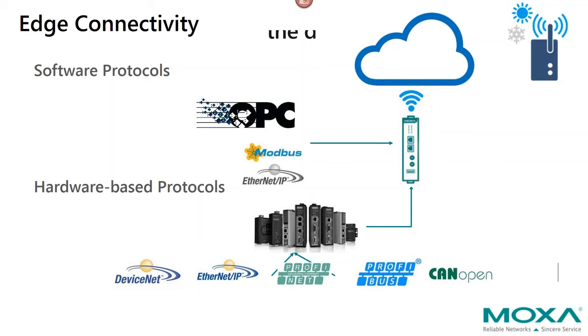However, for many industrial customers, they understand the value of hardware-based protocols. These are protocols like DeviceNet or Modbus Serial that use a different physical connection, serial, rather than Ethernet, or protocols that have hardware timing. These are protocols like Ethernet/IP and Profinet, and they offer a lot of additional I/O timing and even motion control value and capabilities.